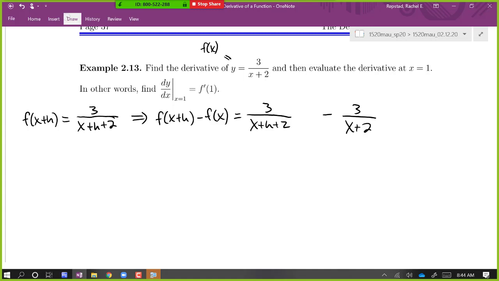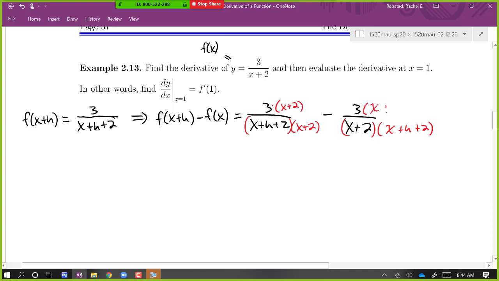So we're going to multiply the top and the bottom of the first fraction by x plus 2. And the second fraction needs to grab an x plus h plus 2. Now we have a common denominator.